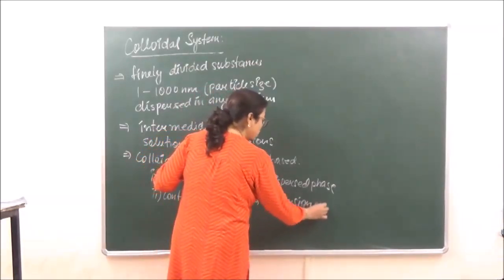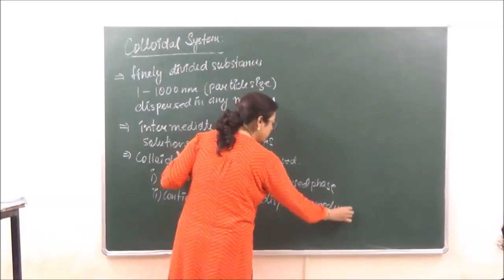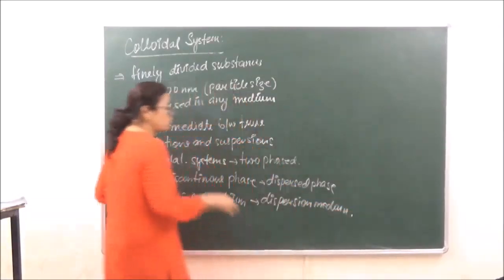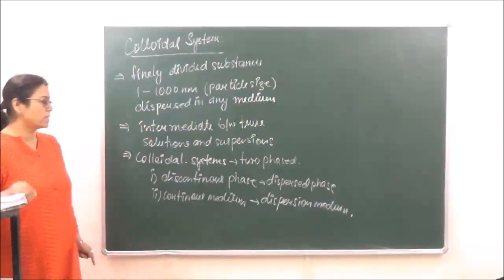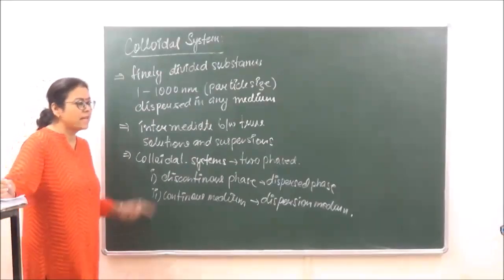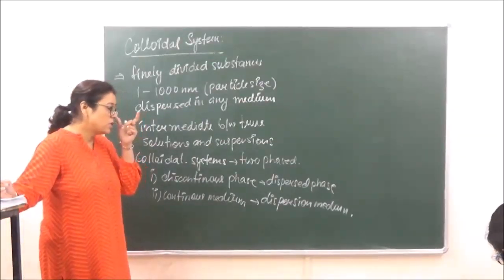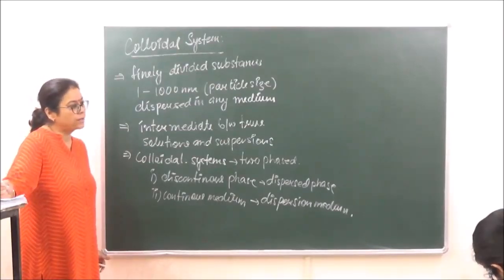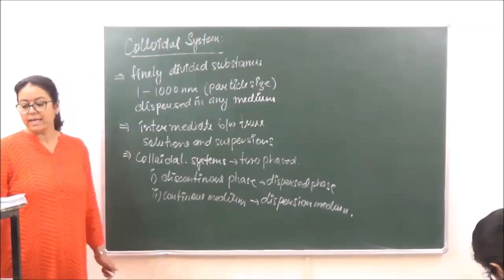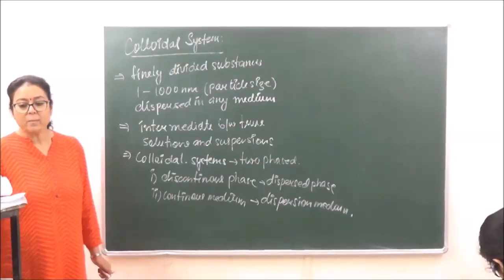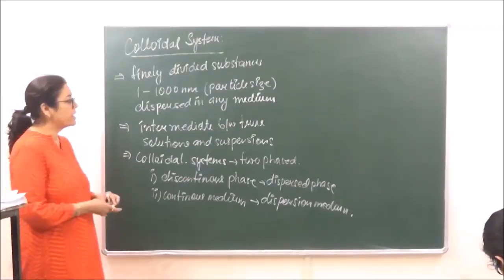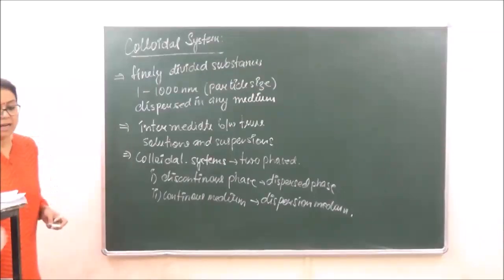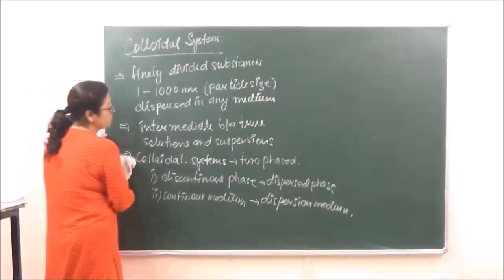So basically what we are saying over here is that any colloidal solution is going to consist of a dispersed phase and a dispersion medium, just as in the case of a true solution there is a solute and a solvent. Okay, so dispersed phase and a dispersion medium. Depending upon the kind of dispersed phase and dispersion medium, we classify different colloidal systems.